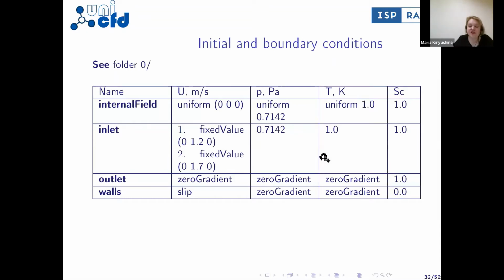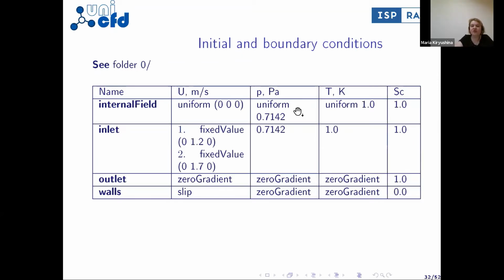Now, we will consider initial and boundary conditions of our task about the flow in L-shaped channel. These conditions will be given in the appropriate dictionaries of the folder 0. At the initial moment of time, the velocity inside the computational domain equals 0. The pressure is 0.7242 pascals.